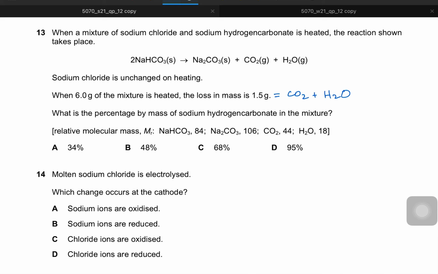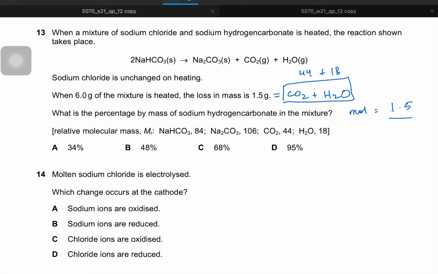Now we need to look at the fact that 1.5 gram of the substance has been lost. We need to find the moles of the substance lost. So mole is equal to 1.5 grams divided by the Mr. But my question is, what is the Mr? Because these are two things. So let's put the Mr together, 44 plus 18, because you are considering 1.5 grams to be having the carbon dioxide and water both.